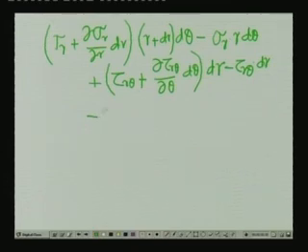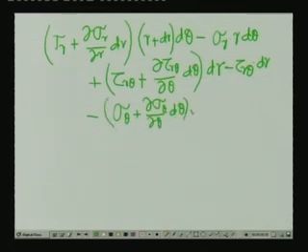Minus, corresponding to the sigma theta, we have sigma theta plus del sigma theta del theta over length d theta acting over the area dr, minus this multiplied by d theta by 2, as we have seen, that sine component of that.